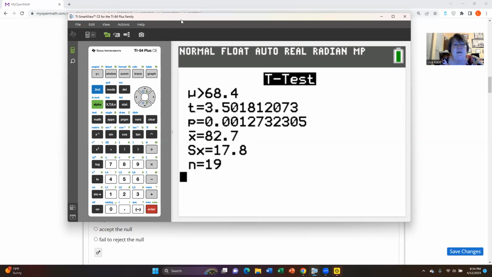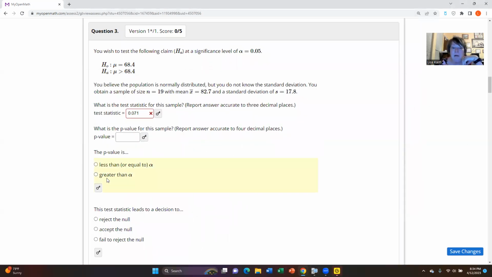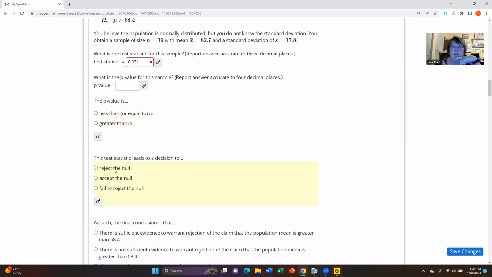Did they give us an alpha? If they don't, we assume it's 0.05. They did. They gave us a 0.05 alpha. So the decision we're going to make is, since the p-value is less than alpha, we're going to reject the null hypothesis. There is sufficient evidence to support the alternative claim that the mean is greater than 68.4.